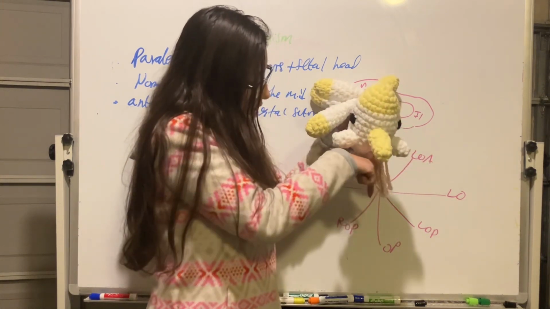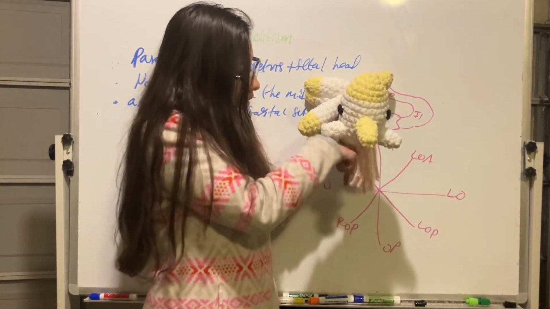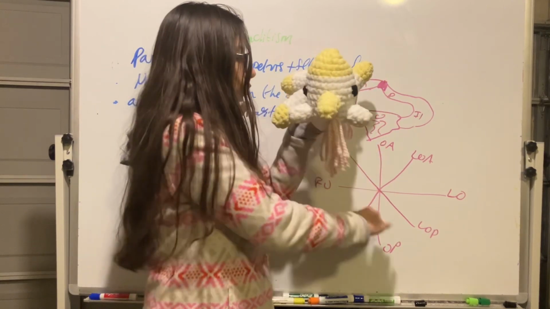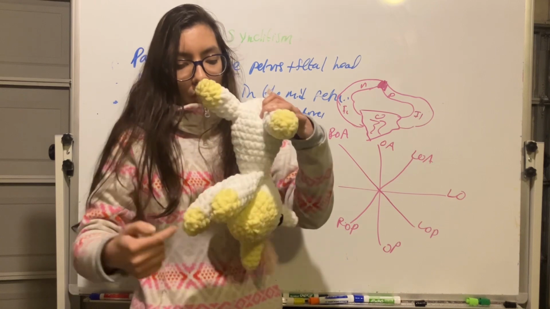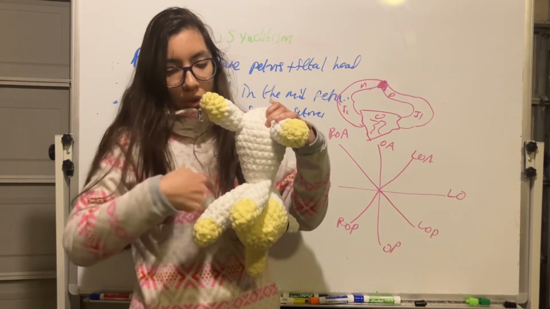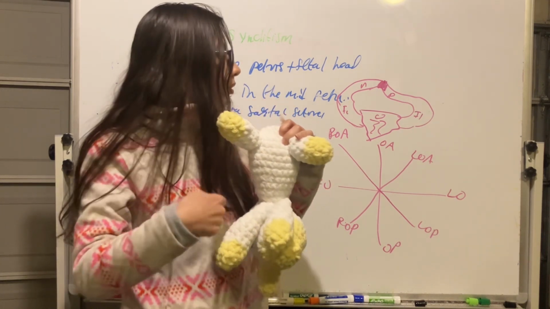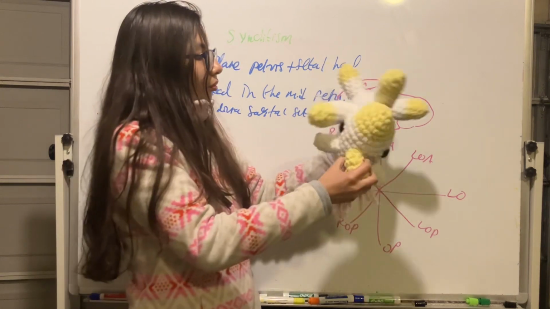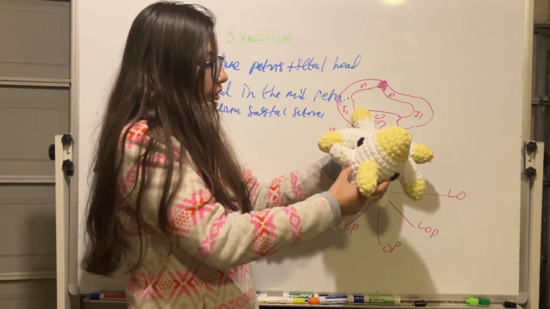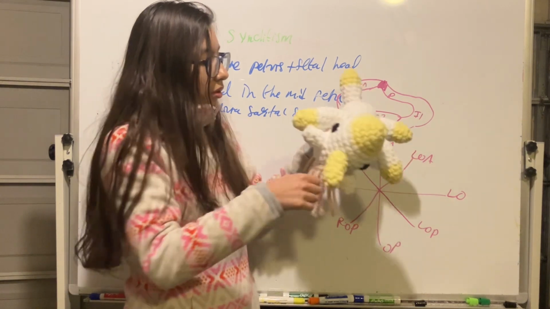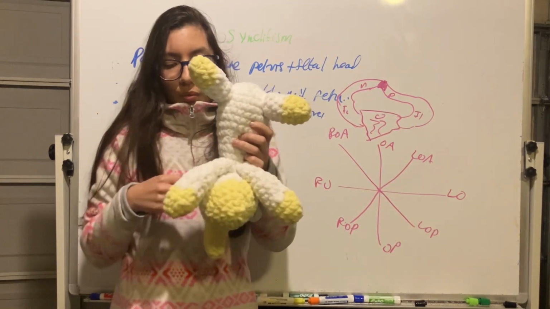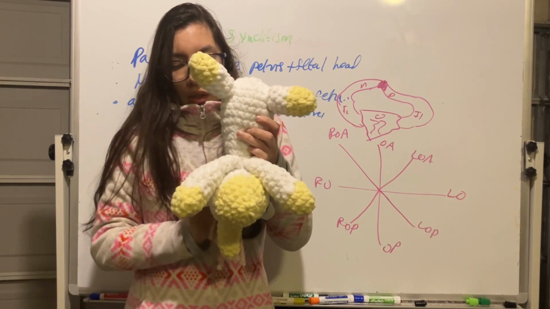Then this is occiput posterior, pointing posteriorly. Then we have right occiput posterior. Here this was occiput posterior, tilted a little bit to the right.